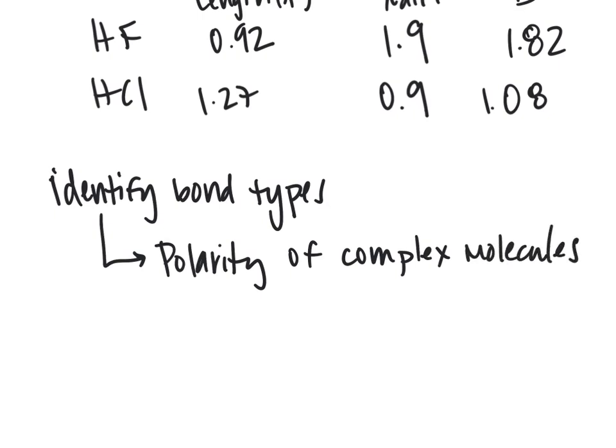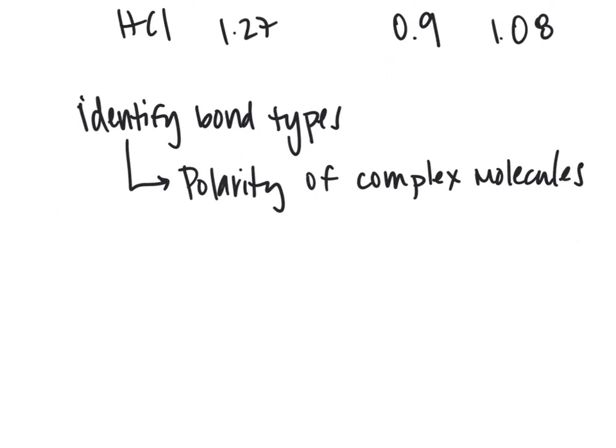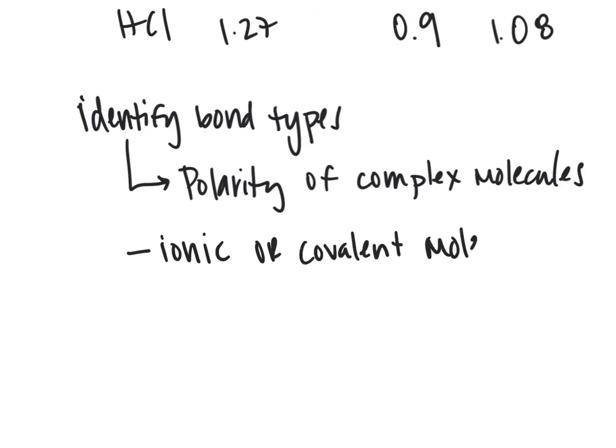We're going to be able to determine if polar bonds mixed together create polar molecules. We can also identify whether this is an ionic or covalent molecule, or if we see ionic and covalent bonds mixed in a molecule with both ionic and covalent bonds.